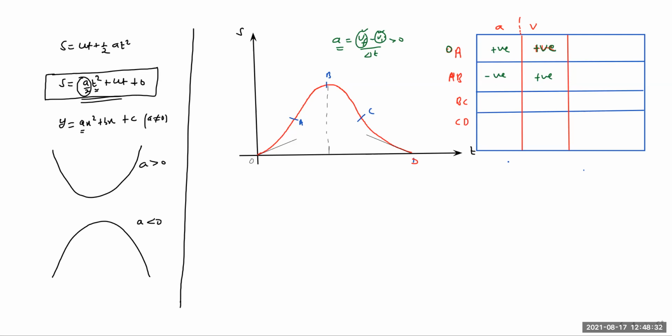If you draw a slope, the slope will make an obtuse angle with the x-axis. Obtuse angle, sir. So the tan theta of an obtuse angle is always negative. So from B to C, velocity is always negative.